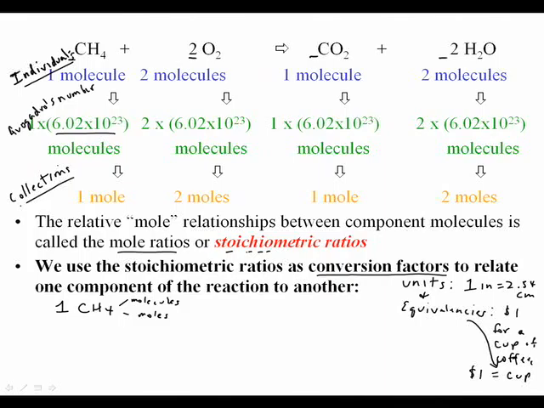But it's one molecule or mole is stoichiometrically equivalent to 2 of the O2. And we just keep going to 1 of the CO2 and 2 of the waters. We can make ratios out of these and use these quantities, these relationships, in many, many different ways.